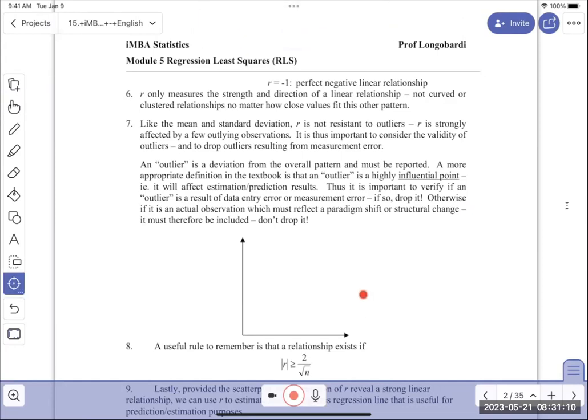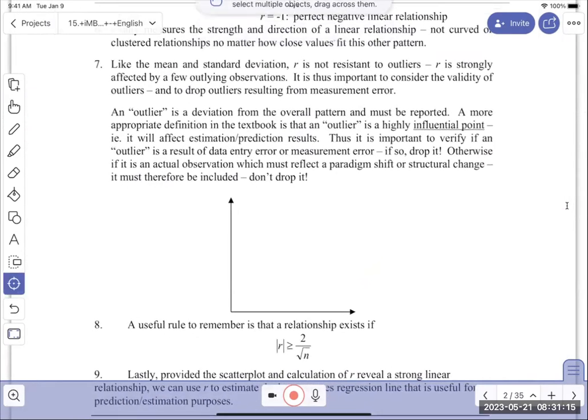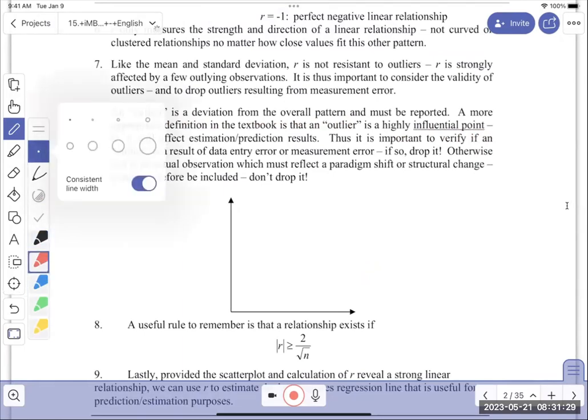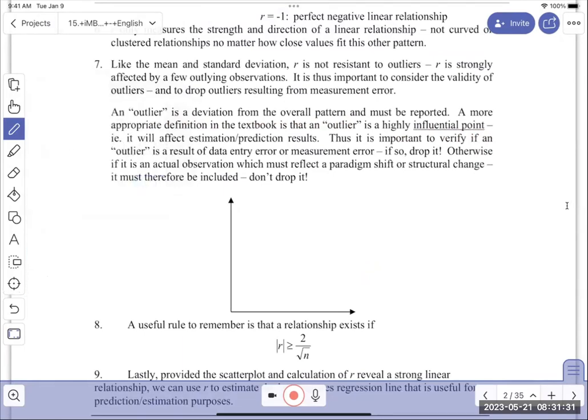So just a brief discussion here about the effect of what we call an outlier, or a deviation from the overall pattern. In regression, we give it a special name, an influential point. Let's see if I can say a little bit about that. Let's say you have data that look pretty much trending up.